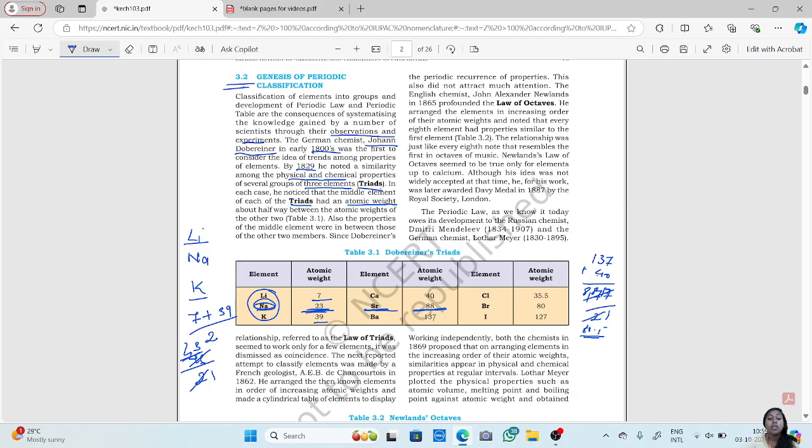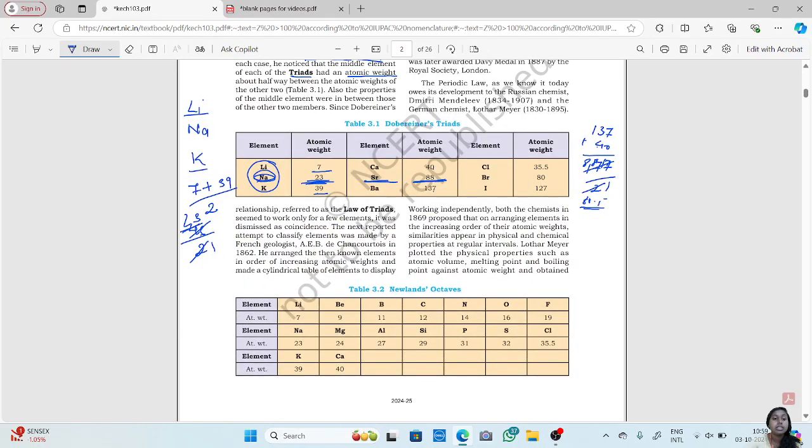Yes or no? So this is what Döbereiner had given: the atomic weight of the middle atom will be halfway between the atomic weights of the other two atoms in the triad. Also, the properties of the middle atom were in between those of the other two atoms. Since the atomic weight falls between, the properties also fall in between.